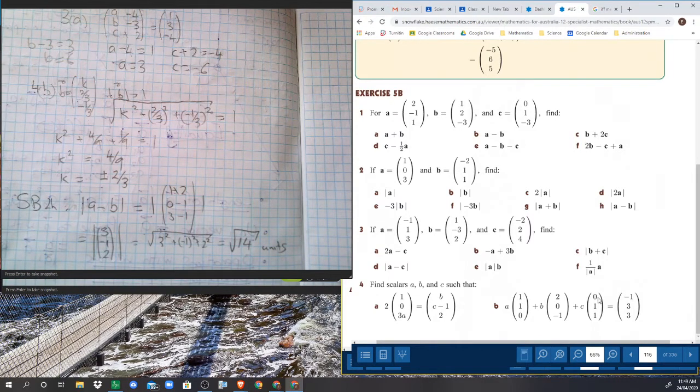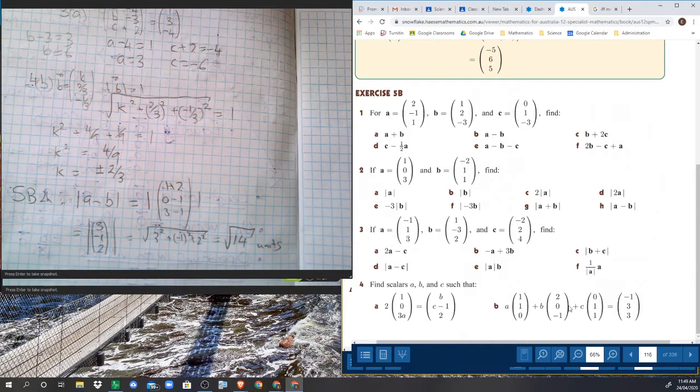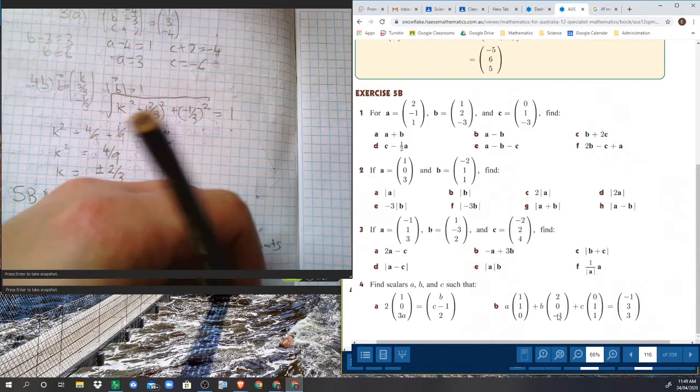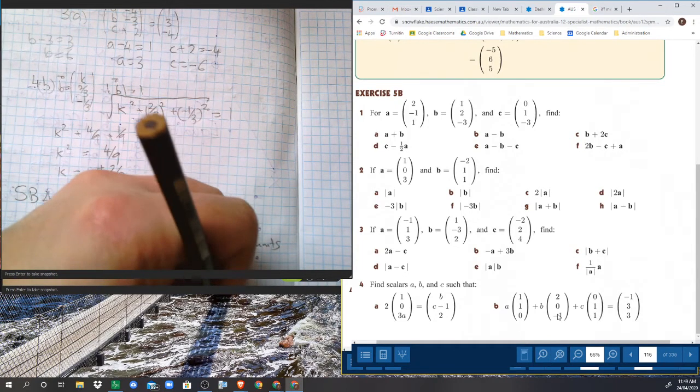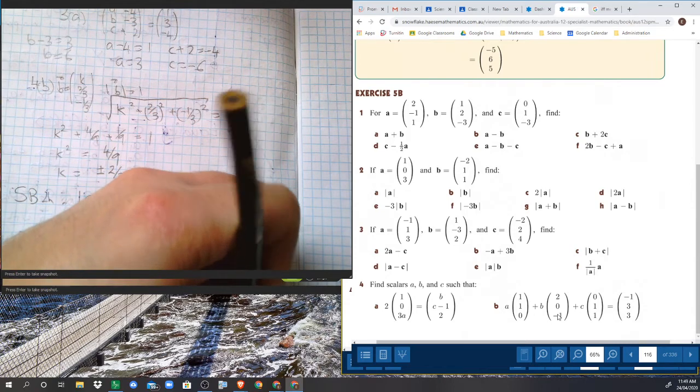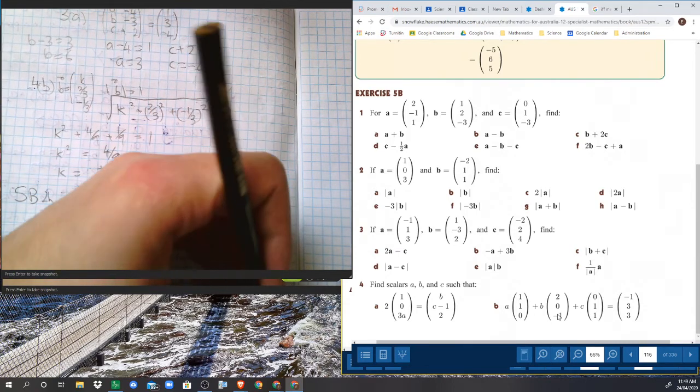So, find scalars, and then basically you can break this up. All right, so A plus 2B equals minus 1.